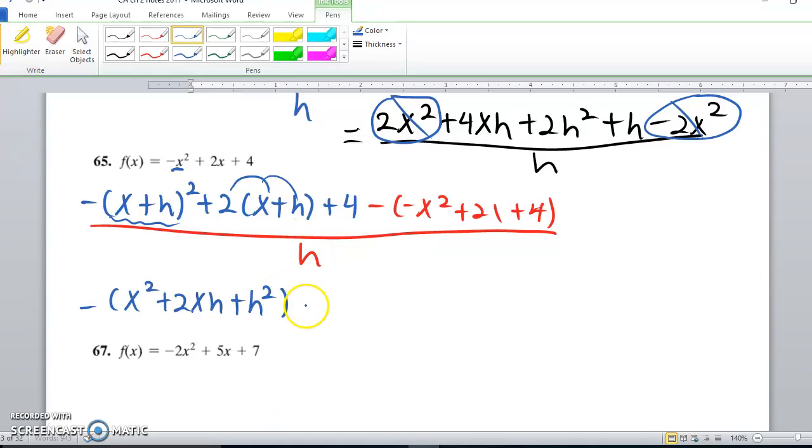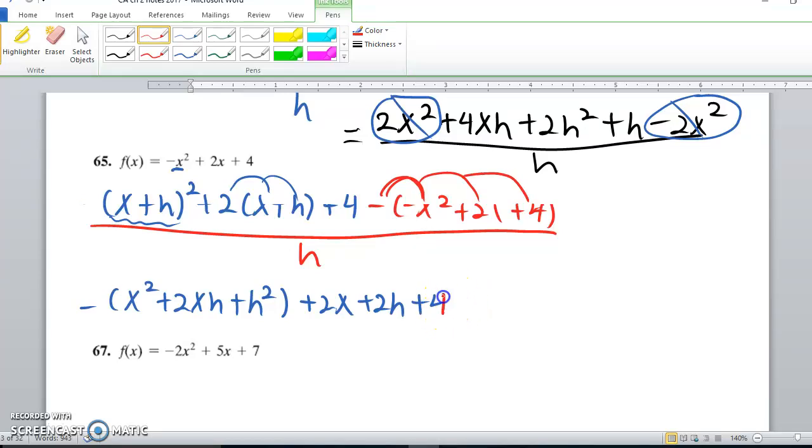And then we distribute the 2, so that would be plus 2x plus 2h. And then don't forget the plus 4. And then we distribute this here, here, and there.